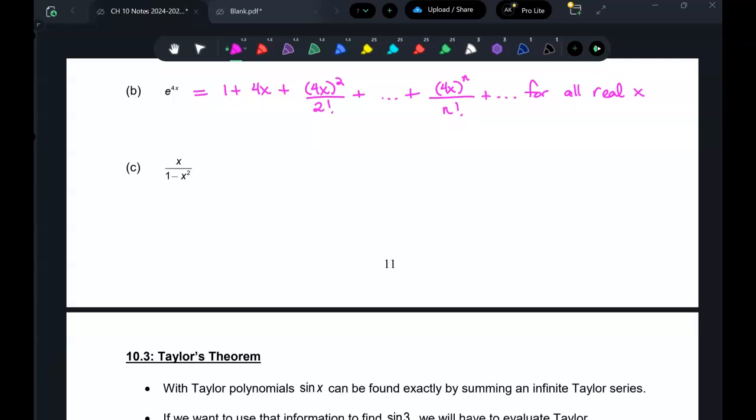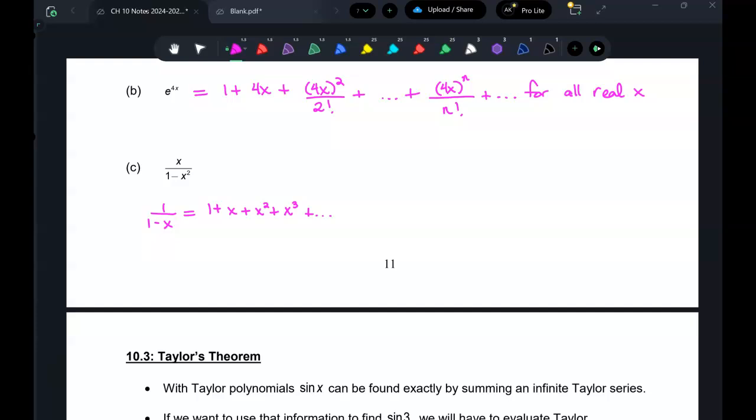Okay, next one is a little tricky. It is the same as 1 over 1 minus x, except it's x squared. If you think back to 1 over 1 minus x, that was our geometric series: 1 plus x plus x squared, and so on.